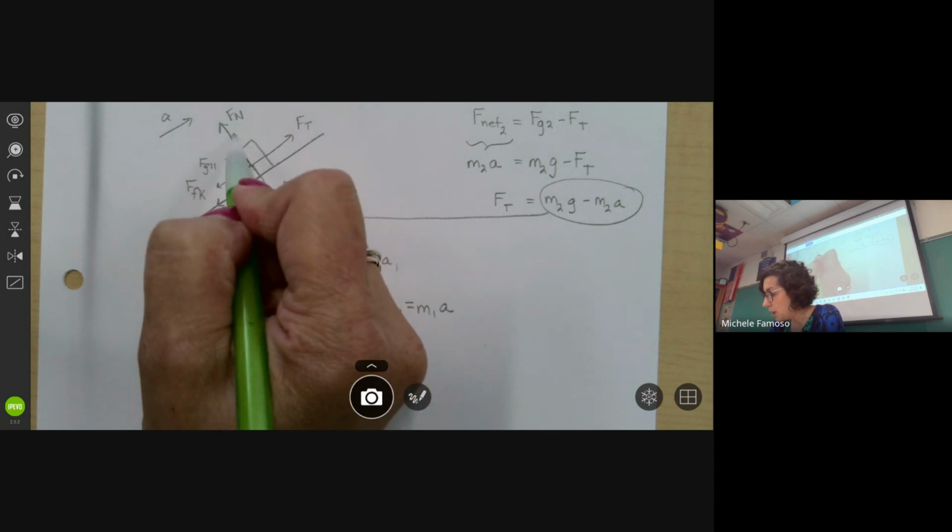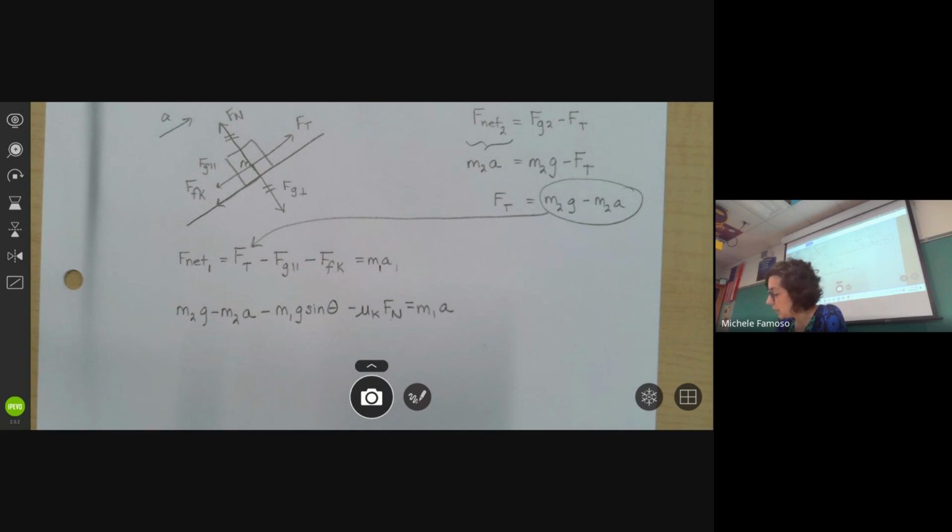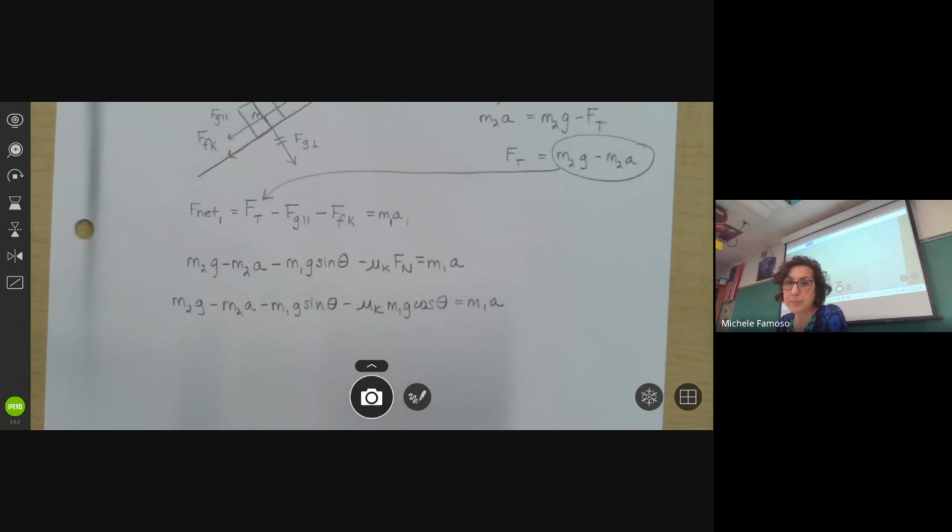The normal force is going to balance the perpendicular component of weight. So let's replace that. So M2G minus M2A minus M1G sine of theta minus mu k times M1G cosine of theta is equal to M1A.